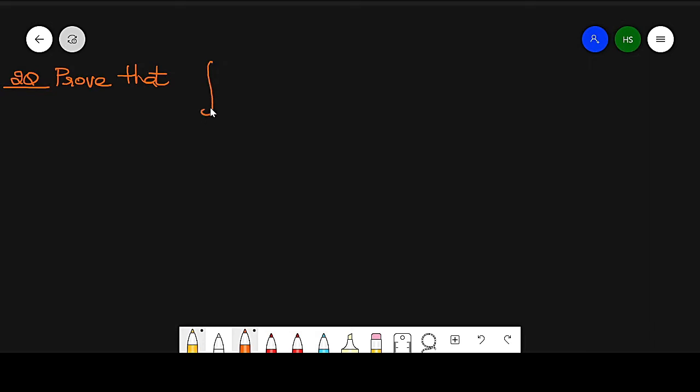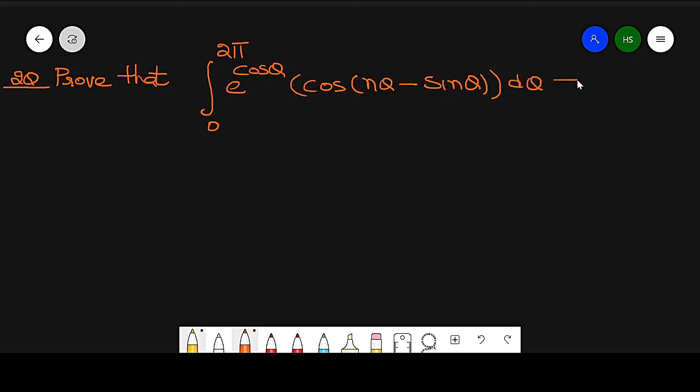Prove that the integration from 0 to 2 pi of e raised to power cos theta into cos of (n theta minus sin theta) d theta is equal to 2 pi by n factorial. So prove that left hand side is equal to right hand side.